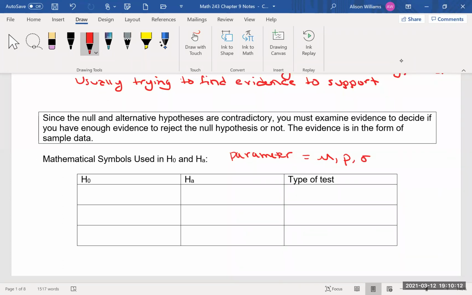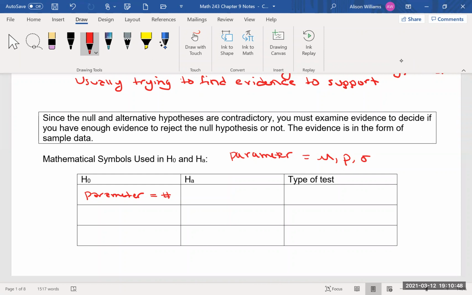We are only going to use the mean just because we're starting off and learning what hypothesis testing is, but there are variations on hypothesis tests that use all three. So our null hypothesis is going to be a parameter, which for us will be mu, equal to some number. I'm going to use the hashtag symbol, but that originally was the number symbol before it got co-opted onto social media. For math people, that means number.